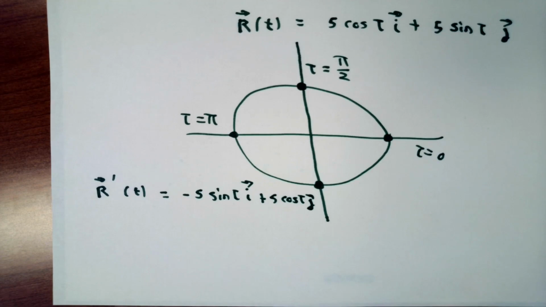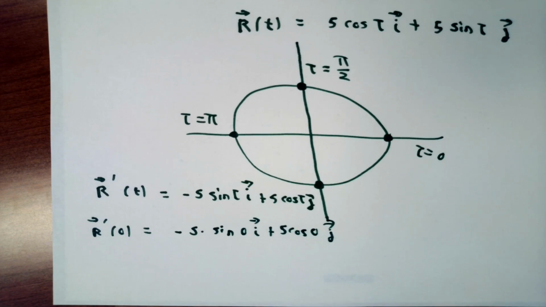I want to plot these derivative values. Instead of drawing the vectors with their initial points at the origin, I'm going to draw them at the corresponding endpoint of the vector values. Since sine of 0 is 0 and cosine of 0 is 1, r prime at 0 is 0 times i plus 5 times j.